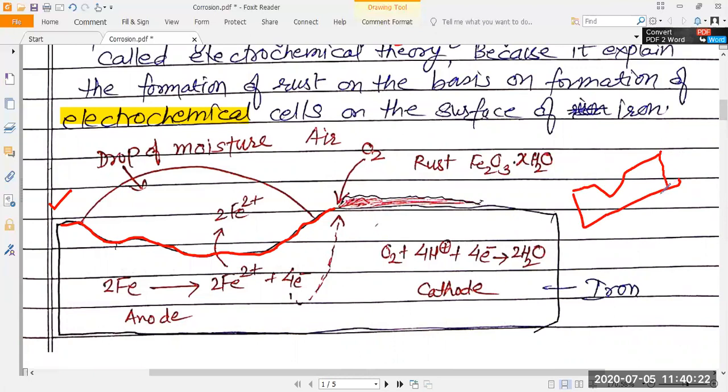If there is a bend on the surface of iron, if there is a cut portion on the iron, or if there is a pit in the iron, then the rusting takes place at that place very quickly.